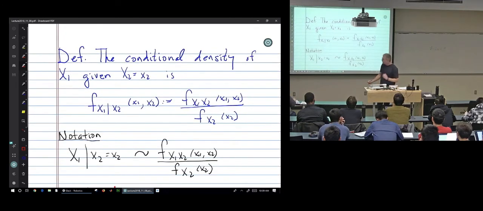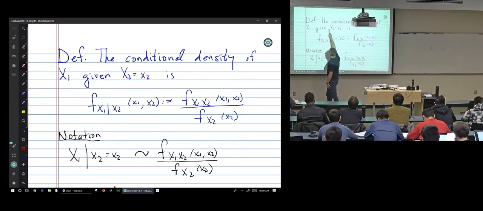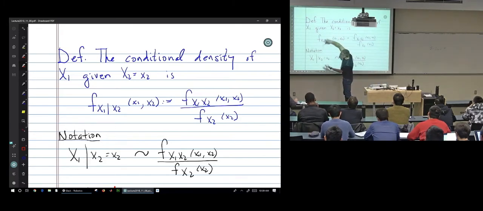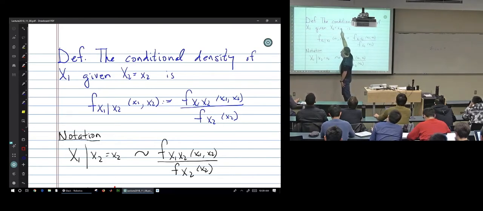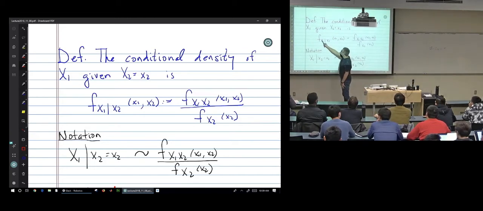The most important thing we have is this notion of a conditional density. I want to play with that a lot today. So x1 and x2 are components of a random vector, meaning you know how x1 and x2 are related. We have the joint density. I now measure the second component of the big vector, and I get a value. And I want to understand what that tells me about x1.